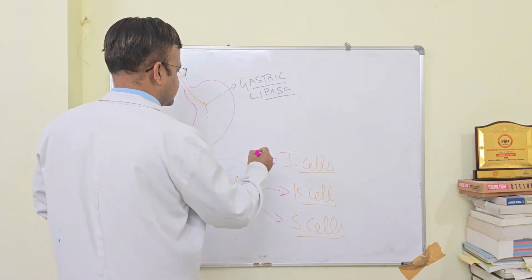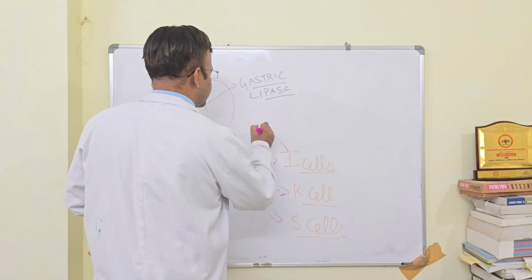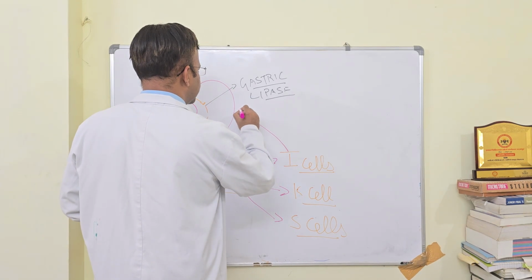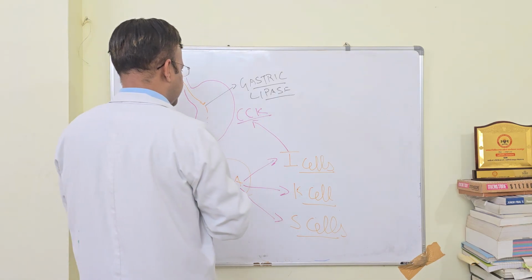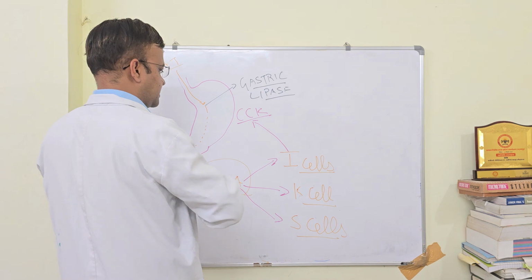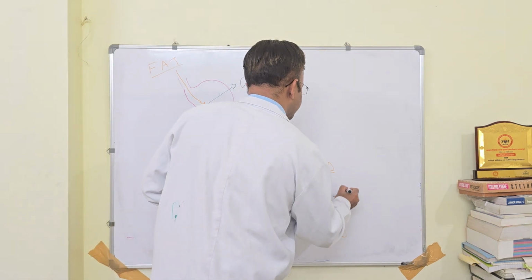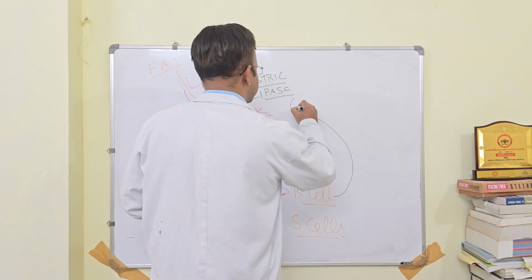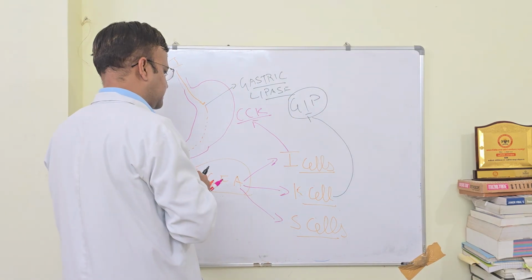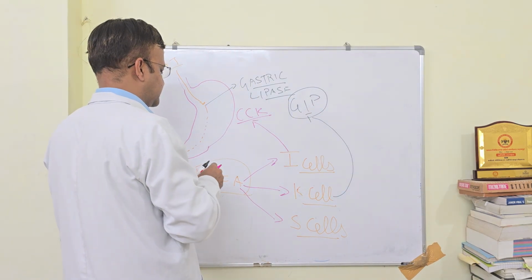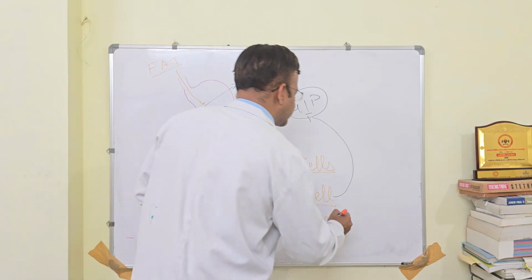The I cells are going to release cholecystokinin, CCK, right? K cells are going to release gastric inhibitory peptide, GIP, right? And S cells are going to release secretin.